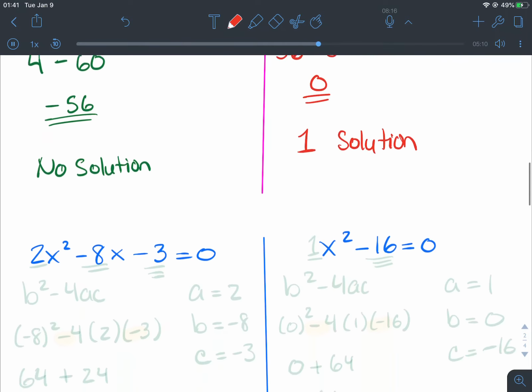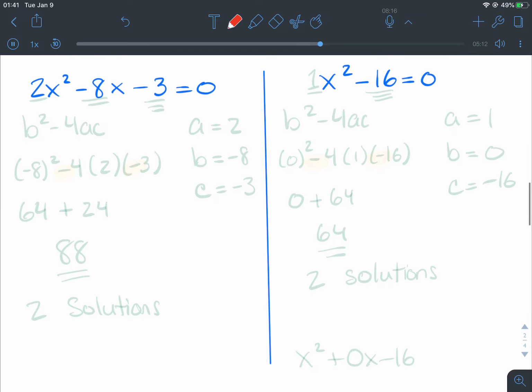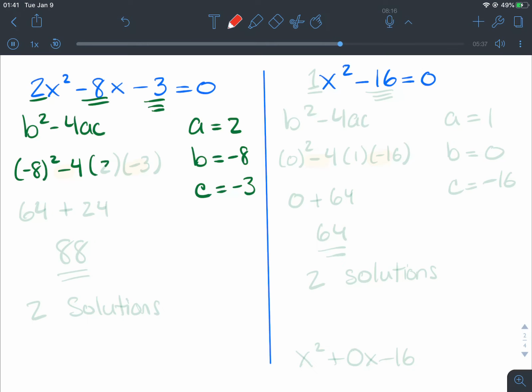Moving on. We have the formula, which is b squared minus 4ac, and we know a comes first before the x squared, which is 2. B is before the x, which is negative 8, and c is the number all by itself. So again, same thing, we're going to plug these numbers in. So b is negative 8, and we square it, minus 4 times a, which is 2, times c, which is negative 3.